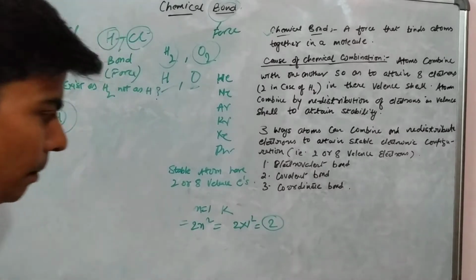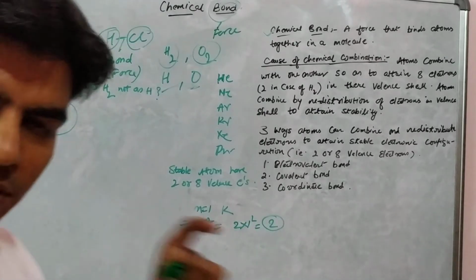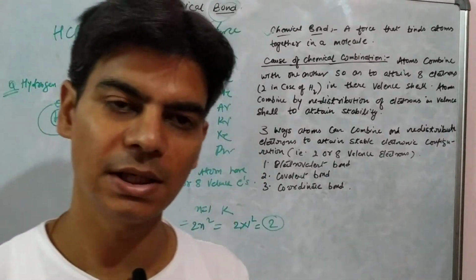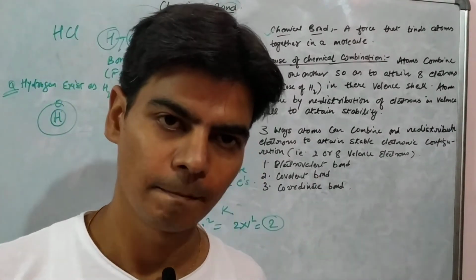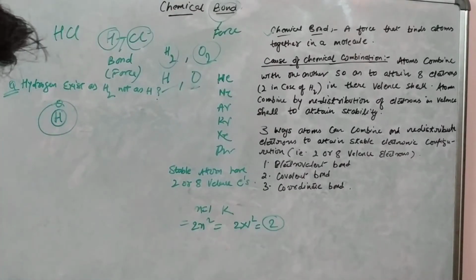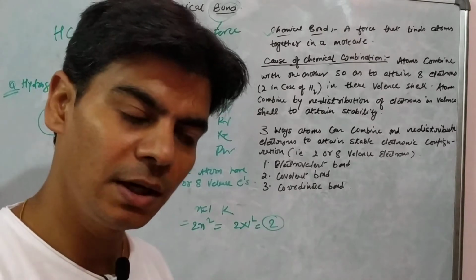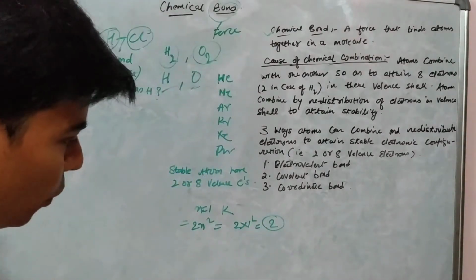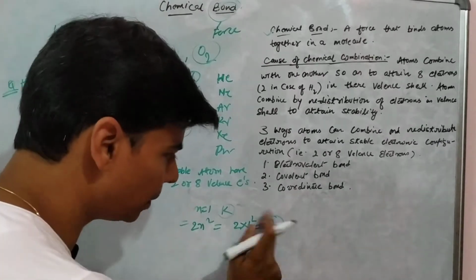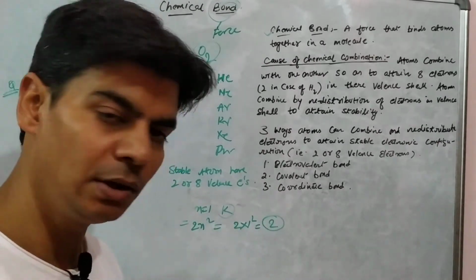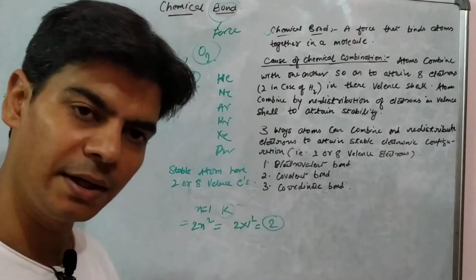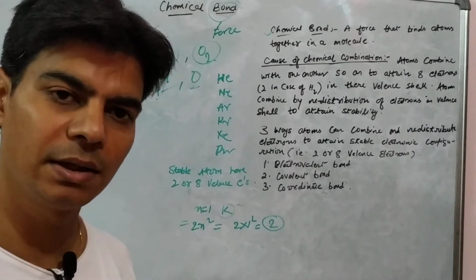So the maximum number of electrons that the first shell can accommodate is 2. Once this K shell attains 2 electrons, it will become stable, because it has attained the maximum electrons that it can accommodate.